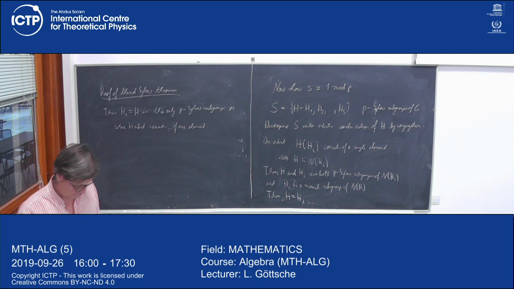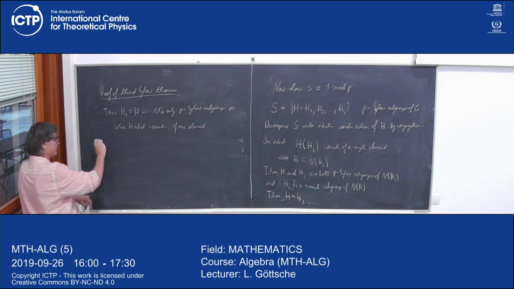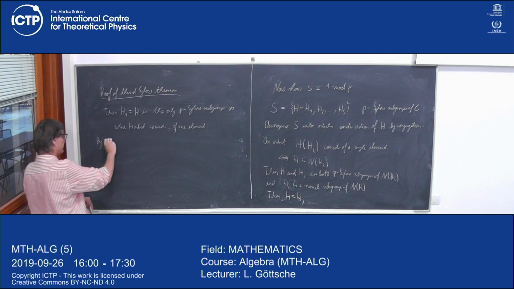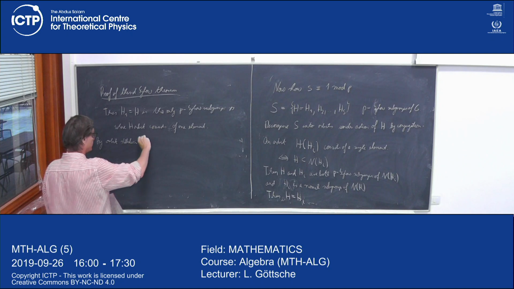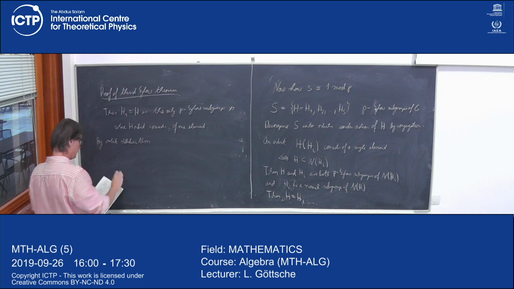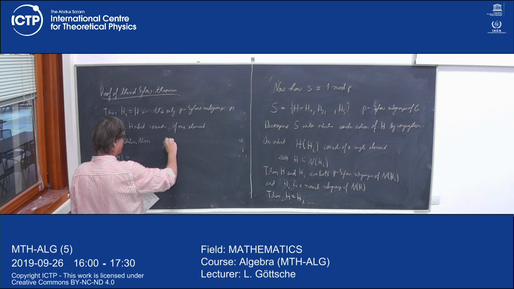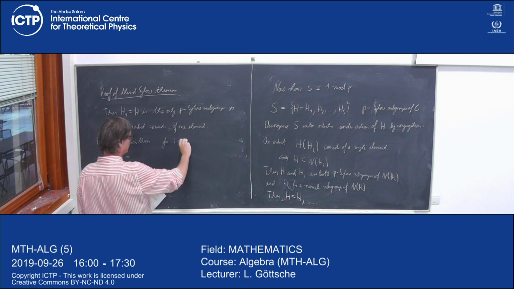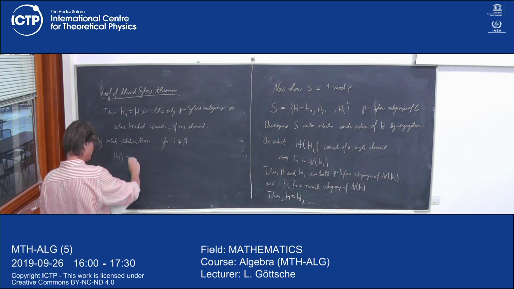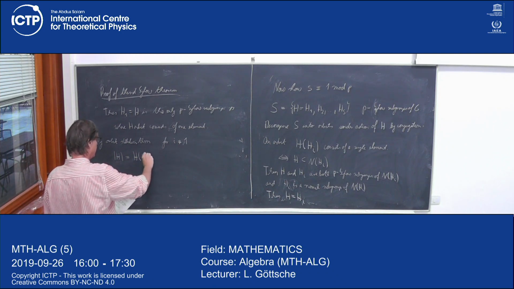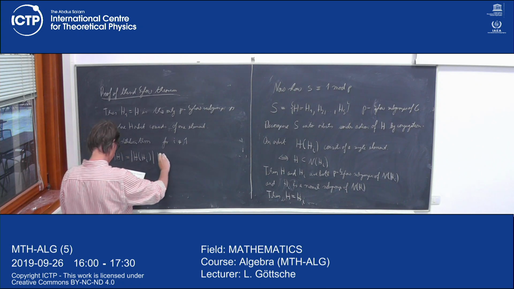But now if we take any other orbit, we know by the orbit-stabilizer theorem, for i different from 1, that the number of elements in H is equal to the number of elements in the orbit times the number of elements in the stabilizer.